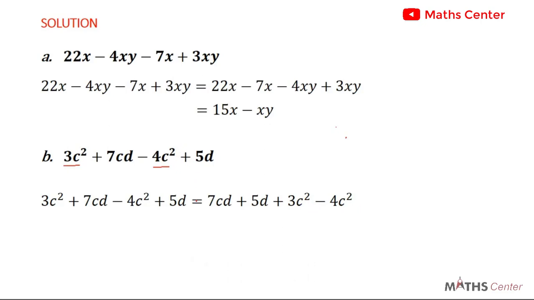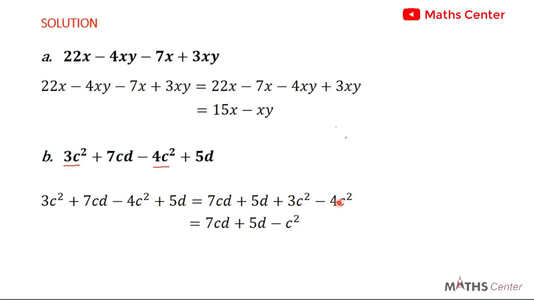Then our next step is to do the addition or subtraction. Since 7cd and 5d are not like terms, we cannot add them, so they are written just like that. But when we come here, we have 3c squared and 4c squared being like terms, and the operation separating them is minus, so we are going to have 3 minus 4. Remember we said that we will add or subtract the coefficients.